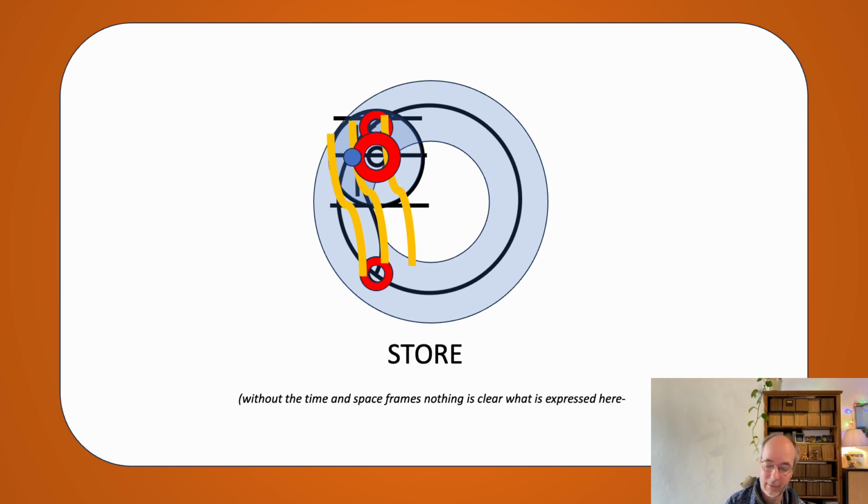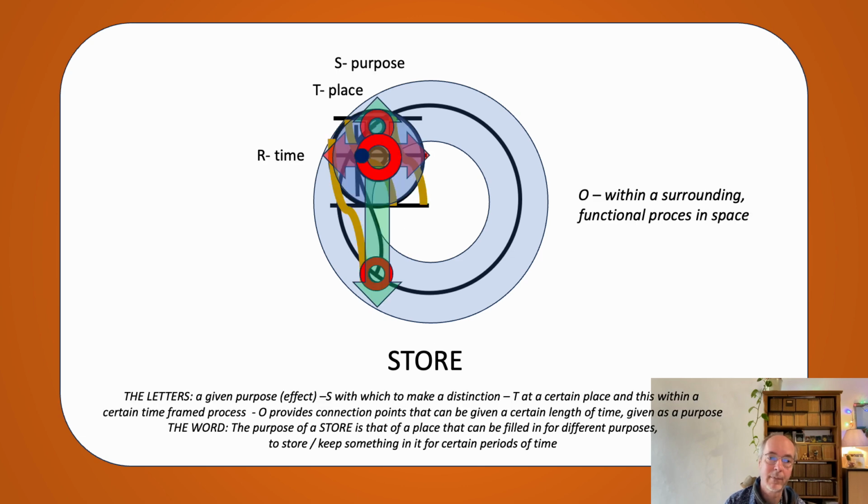You don't really have much to go on, but if we connect it to the time and space frame, it will be much more clear what it is, because then you will have a purpose. You give a purpose, or you give a strong effect. So we give here a purpose to make a distinction with a T at a certain place within a certain time frame process. So the O here provides a connection to a certain length of time.